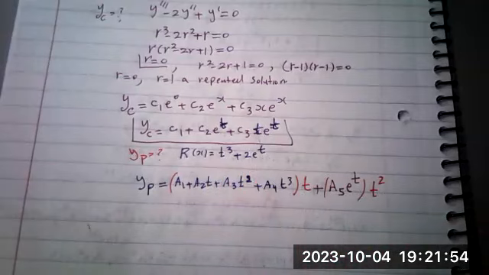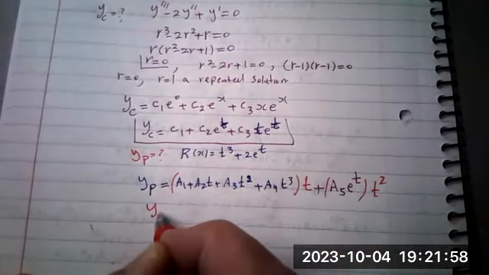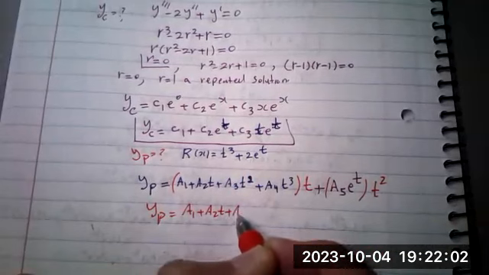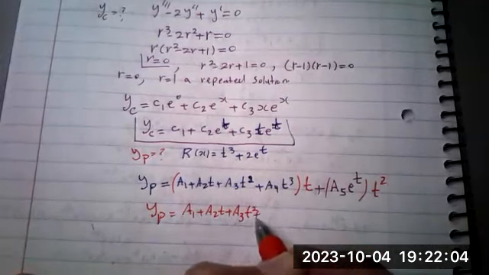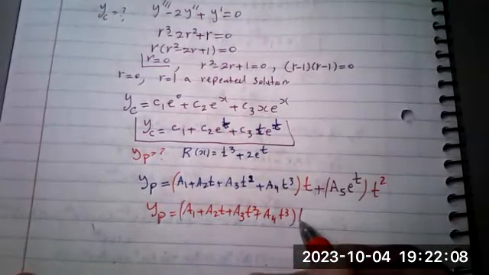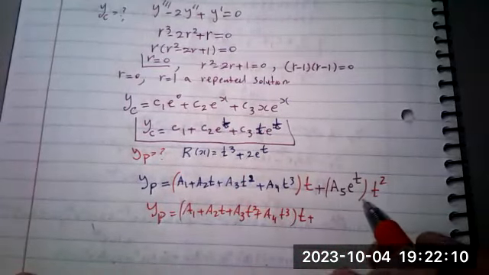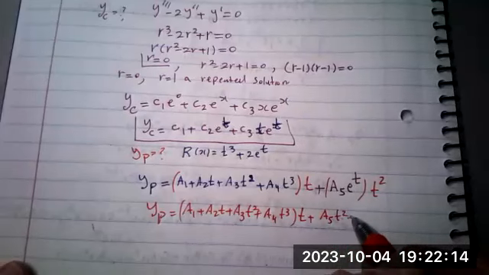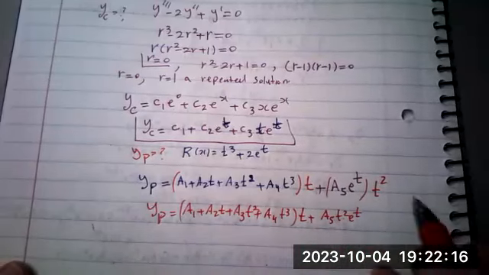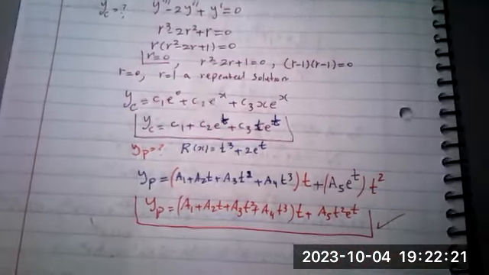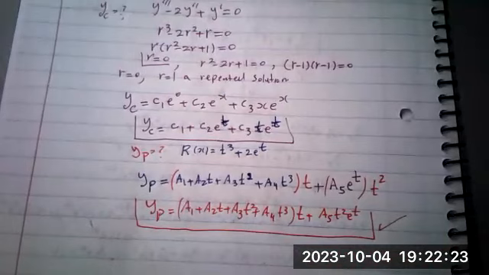That gives you the y_p. You can rewrite it, but you don't have to. So the y_p is A1 plus A2t plus A3t squared plus A4t cubed, times t, and the second part is A5 t squared e to the t. Even if you write the original one, that would be fine. So that would be the final answer.